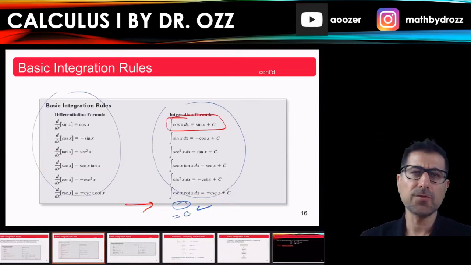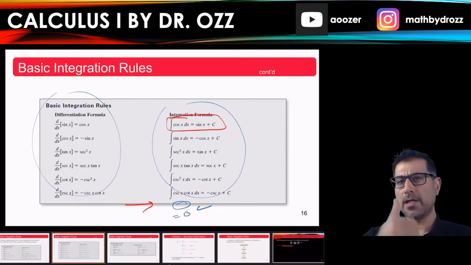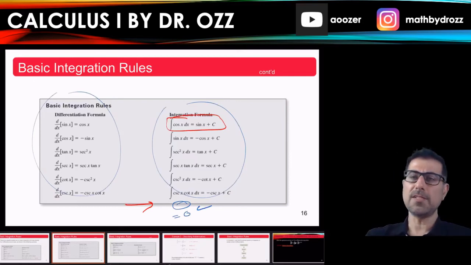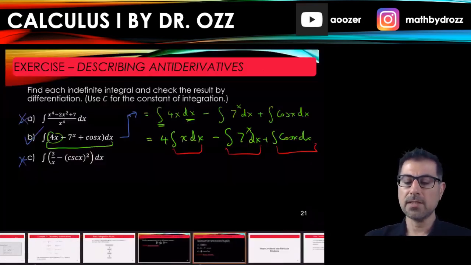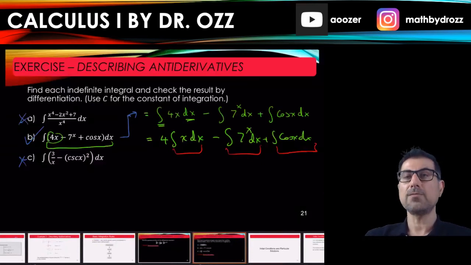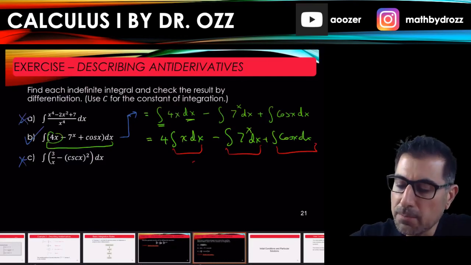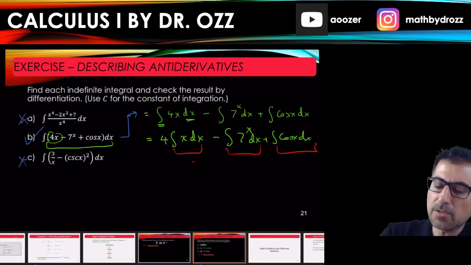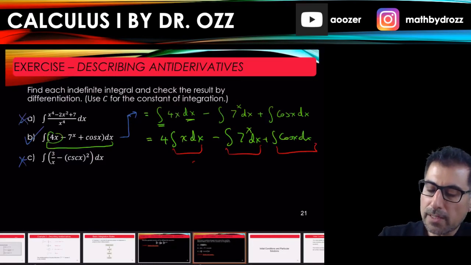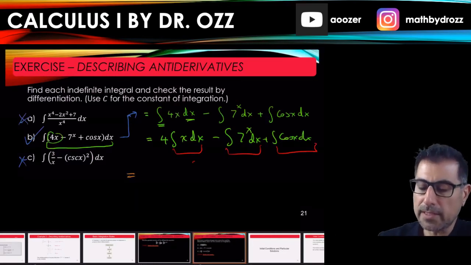For each of those integrations, you can put one arbitrary constant, but what we do in general and in practice is that we find one antiderivative for each term, and then we add the integration constant at the end. So let's just use the power rule first, and I'll tell you about the integration constant at the end.